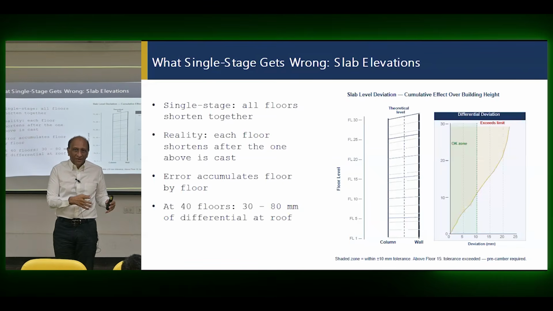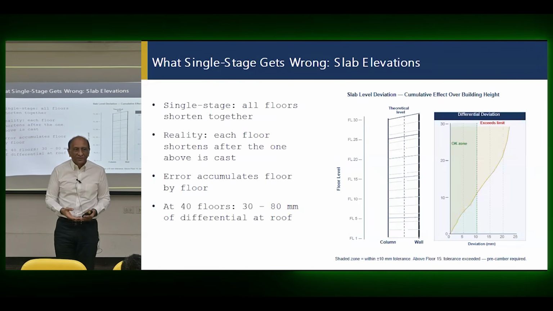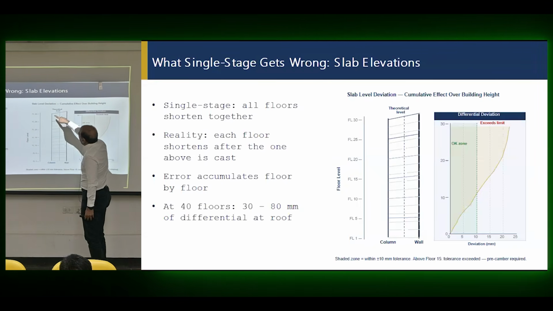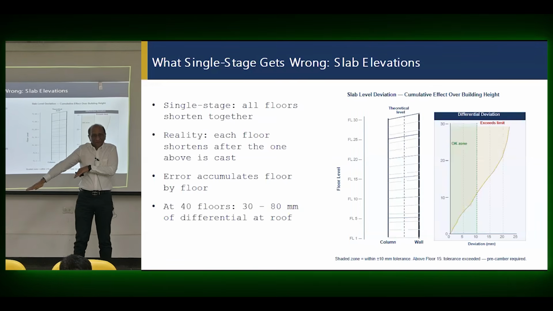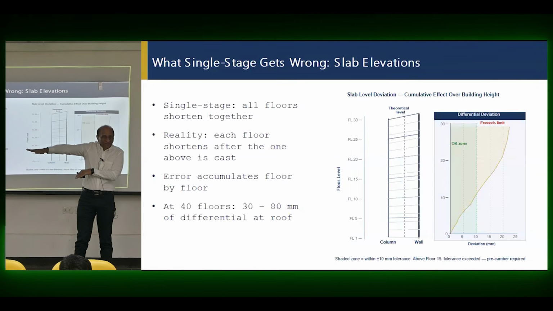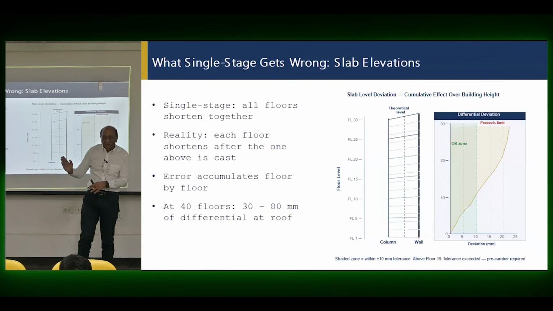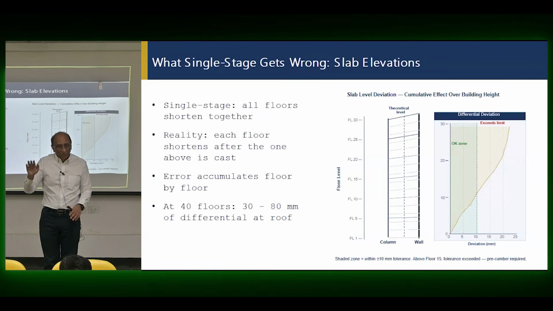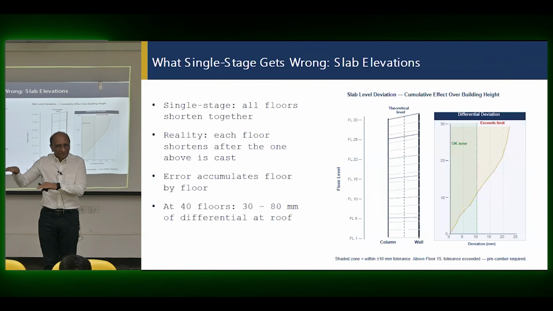Stress value is very high. If the stress is very high, strain is very high. Strain is very high, shortening is very high. So the analysis will show you that theoretically the slab is like this, but they will not make it like this. They will make it flat. So that means they have to make the columns longer than they are. Every time the column is a bit longer, and then it shortens and becomes level.